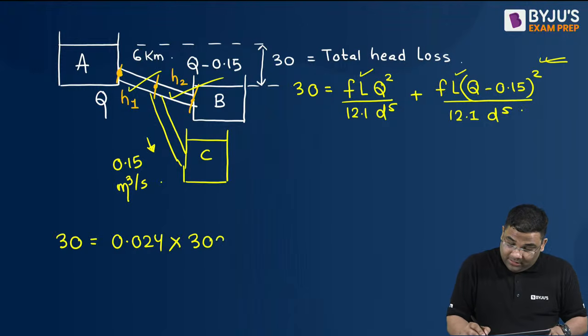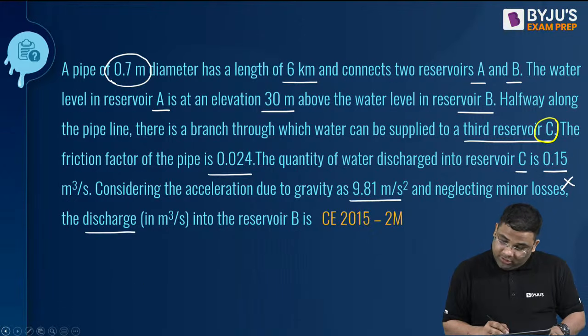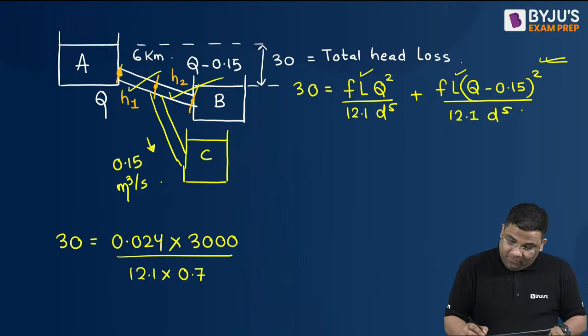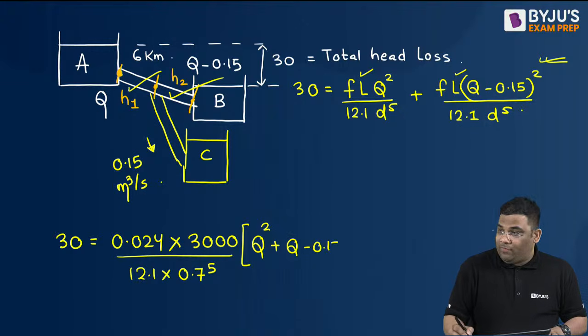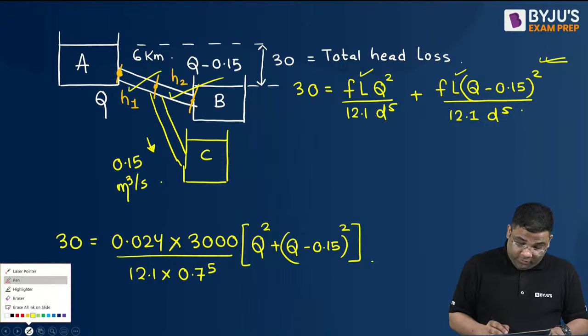So 3000 divided by 12.1, diameter is given as 0.7 meter, so 0.7 to the power 5, into Q square plus (Q minus 0.15) square. Yes. So now I have to solve for Q.